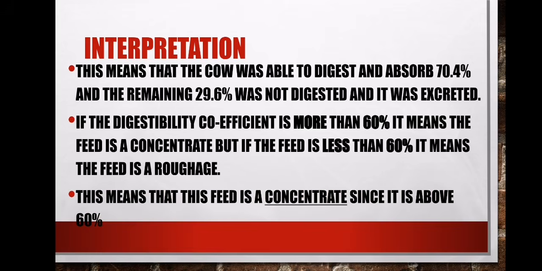We say concentrate. Why? Because the digestibility coefficient is more than 60. Simple as that. That's what I wanted you to understand for now. Let's also have another example, but we'll use another video.